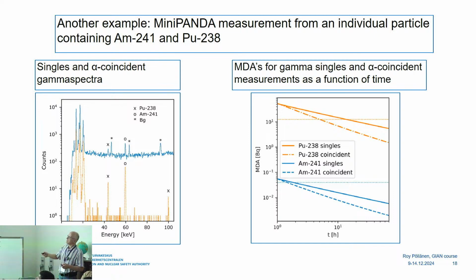So, another example from a mini panda measurement from an individual particle containing americium and plutonium. This is in the low energy part of the spectrum. This is the raw spectrum, the blue one.